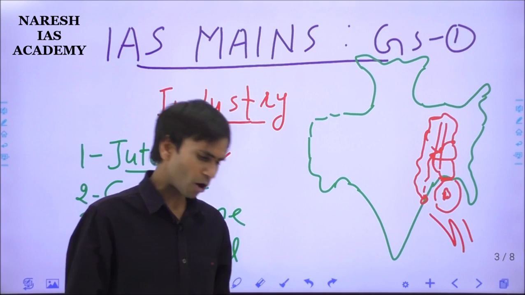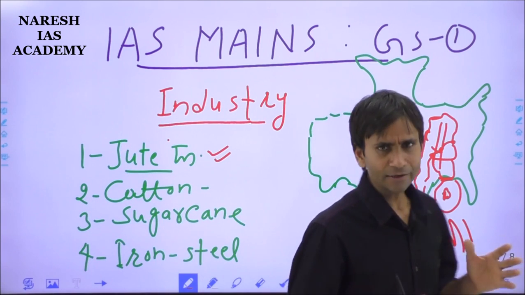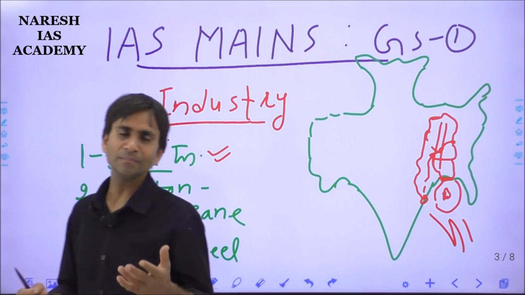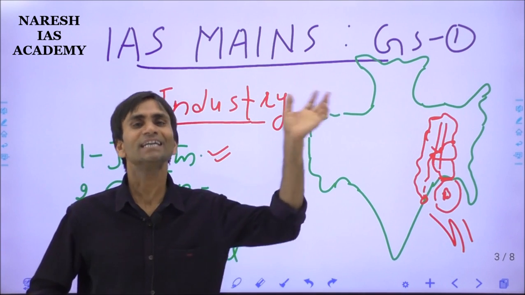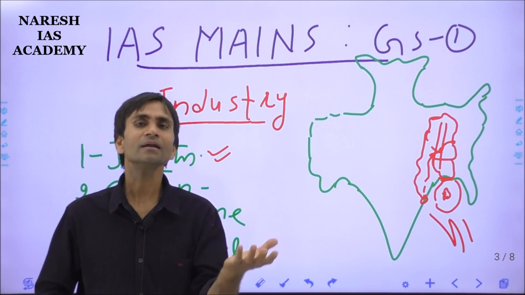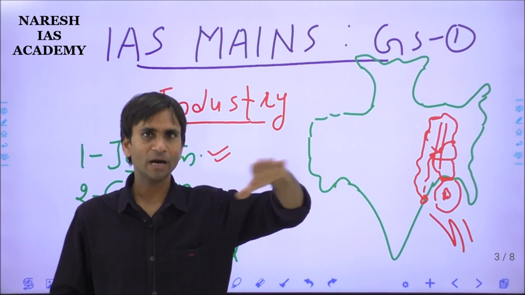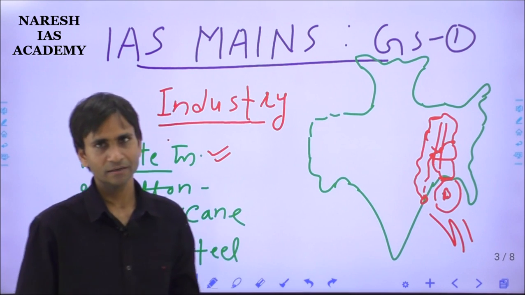The government made compulsory use of many jute products and materials for the packaging industries, and it resulted in higher demand, and the industry grew on a large scale.